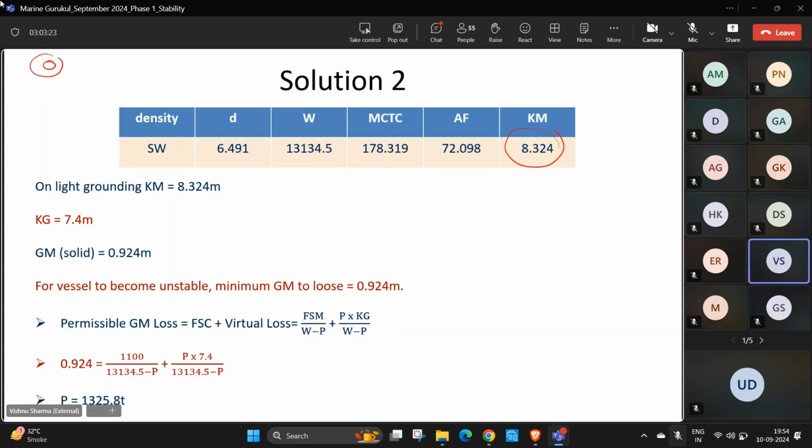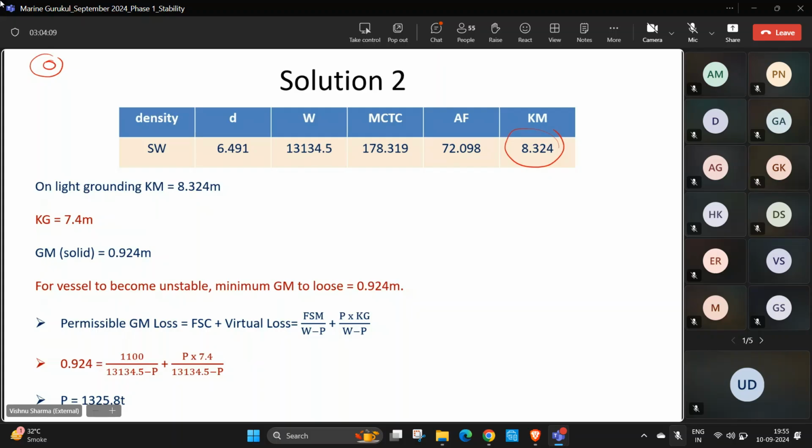Let's wait for an update from the class. 1526.7.